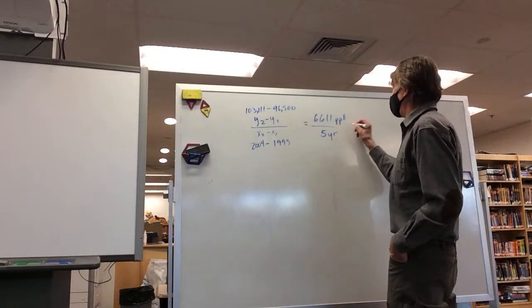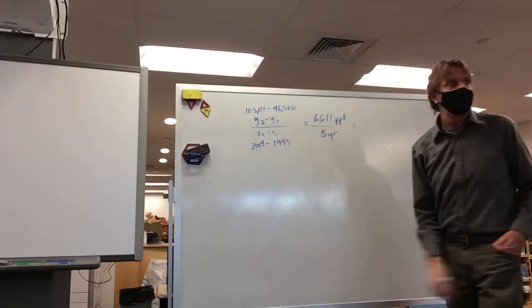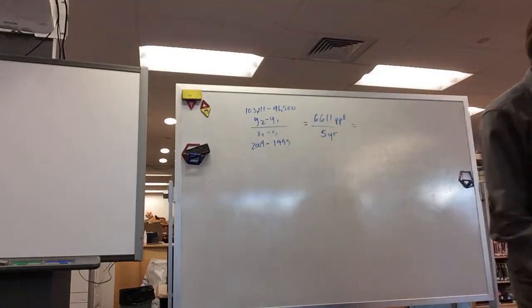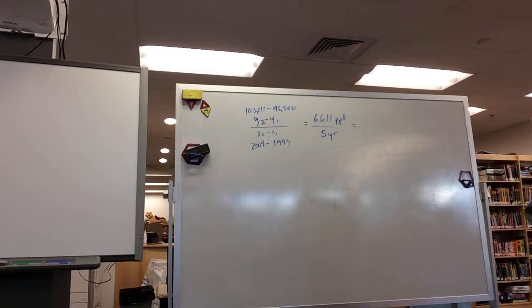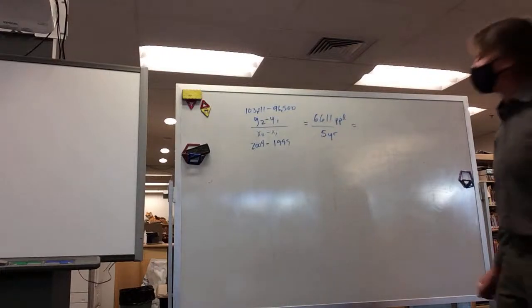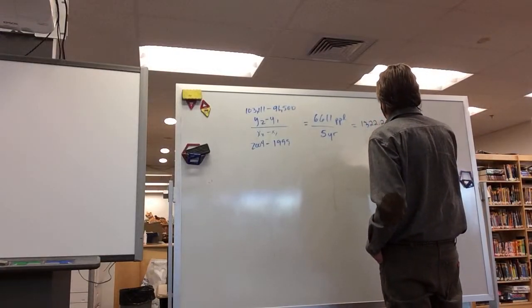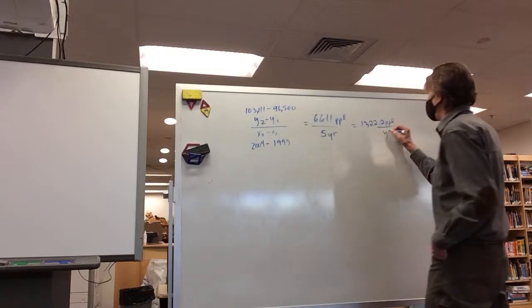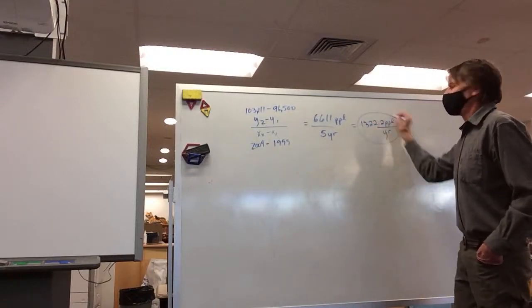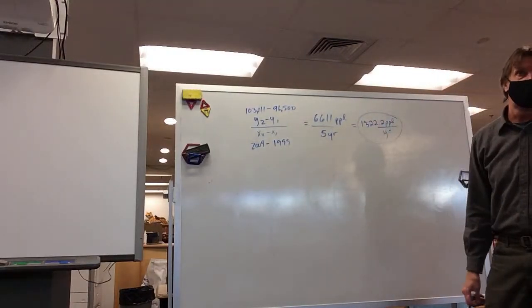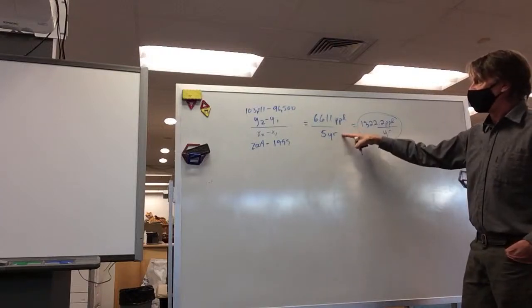Exactly. Can somebody beat me to it? I can do it. 6611 divided by 5 is 1322.2. So it's 1322.2 people per 1 year. So this gets you to the rest of the answer by dividing by 5.